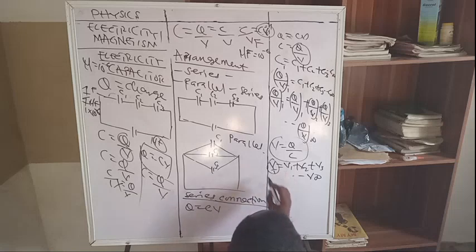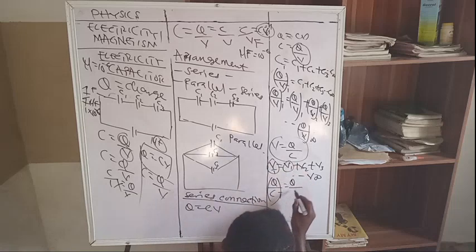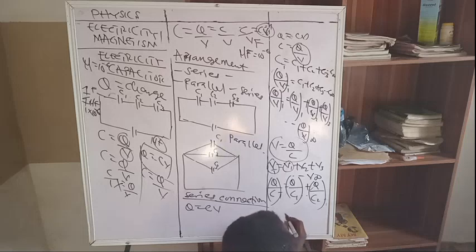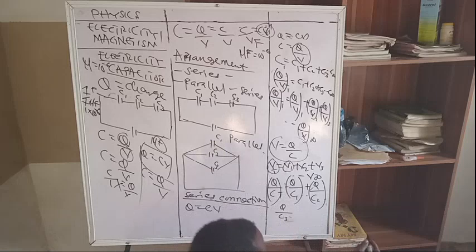Then our V total is Q over C total, equal to Q over C1 plus Q over C2 plus Q over C3, then everything to Q over C infinity.